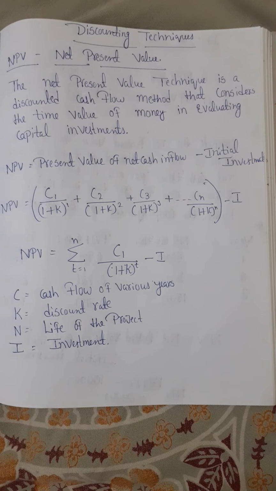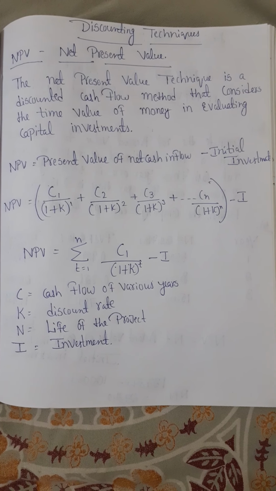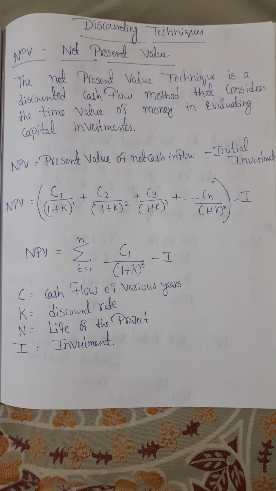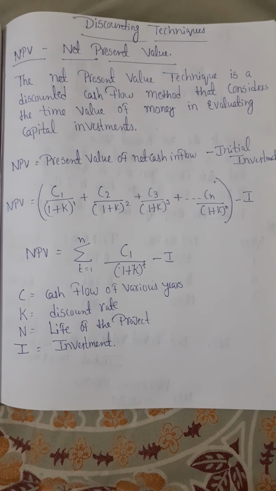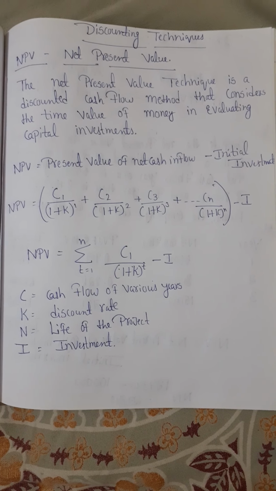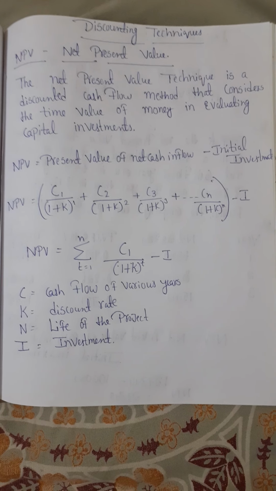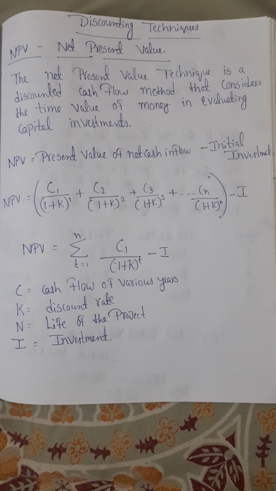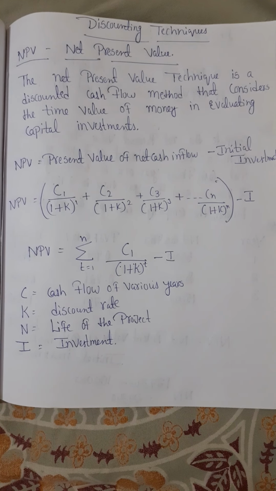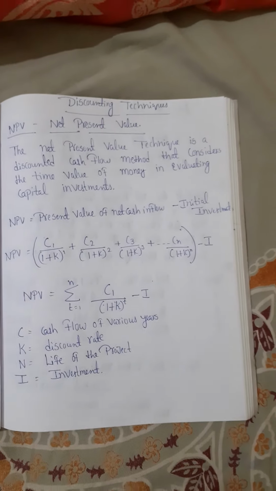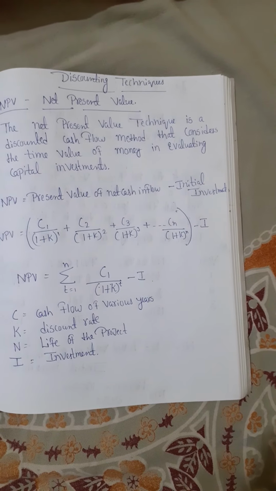In the first unit, we discussed the time value of money. What is it all about? Receiving money today is worth more than receiving money in the future. Under that, there are two concepts: present value and future value. For present value we discount, and for future value we multiply.